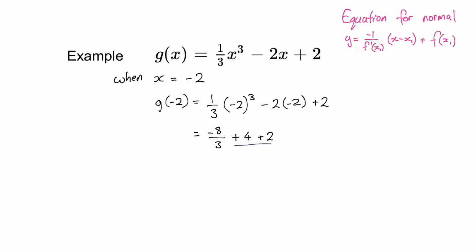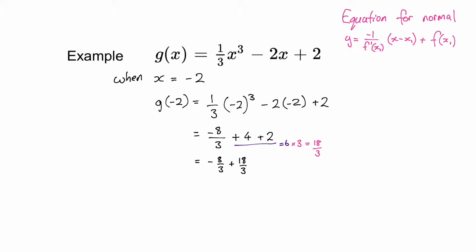Now let's simplify this part. 4 plus 2 is equal to 6. This part here is over 3, so we're going to have to times this by 3. 6 times 3 is 18. And we'll just divide that by 3, which is going to give us our 6, which remains the same. So we add this in. We get minus 8 over 3 plus 18 over 3.